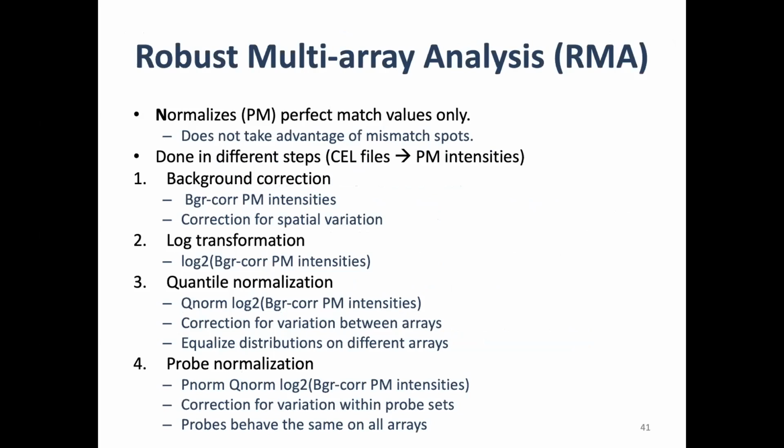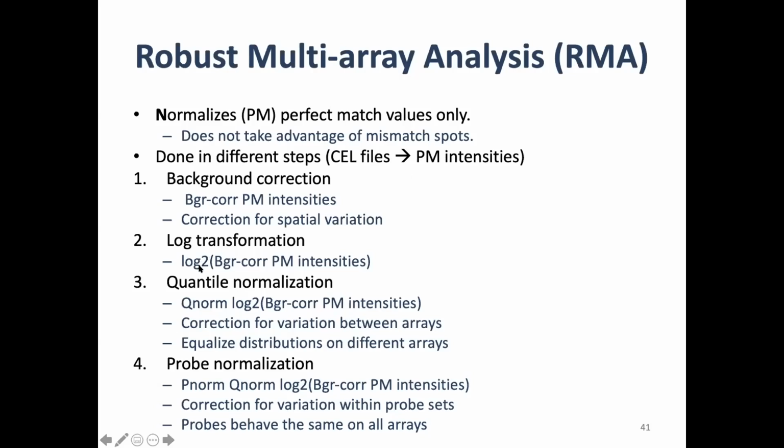So RMA normalizes PM, perfect match values only. So in Affymetrix, you see the perfect match and also the mismatch, two different signals are collected, but it only uses PM, perfect match. It doesn't care about the mismatch spots at all. And what it does is, from the CEL file, it gets the PM intensities, meaning it gets the perfect match values.